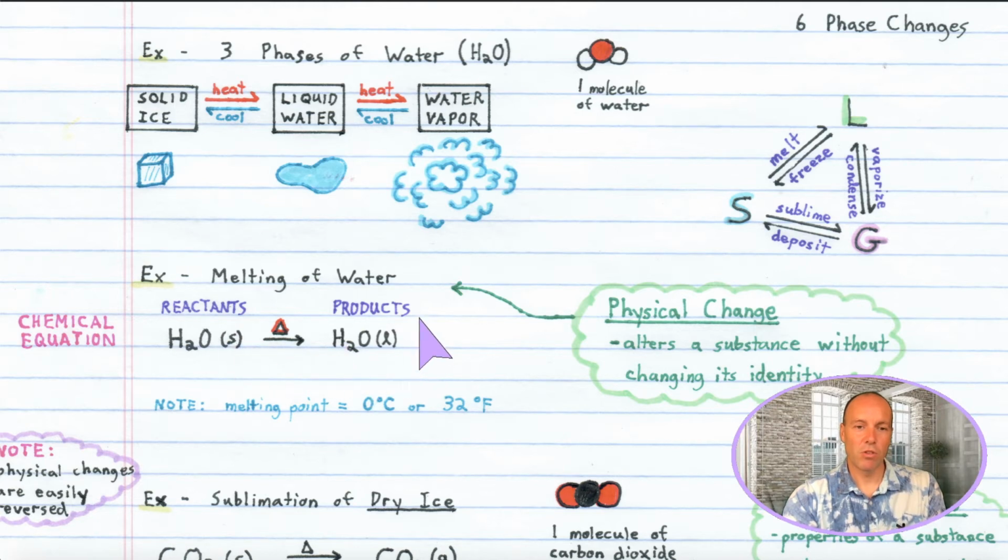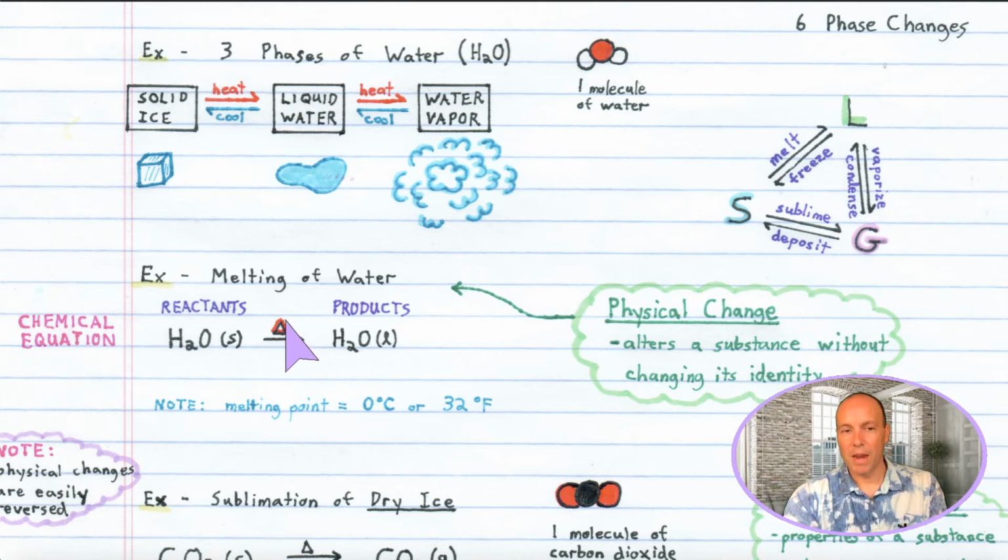And the material that you end up with is written on the right of the arrow. This is your product material because you're producing it. And here, when you're melting water, you end up with liquid water, and so it's H2O(l), liquid. So your reactants are always on the left in a chemical equation, and your products are always on the right.